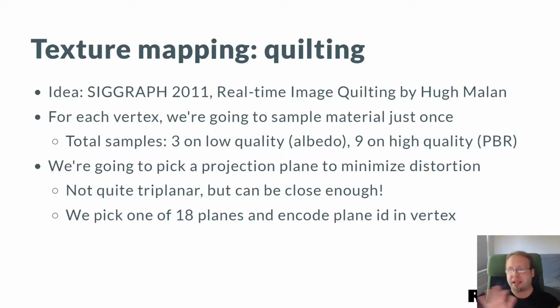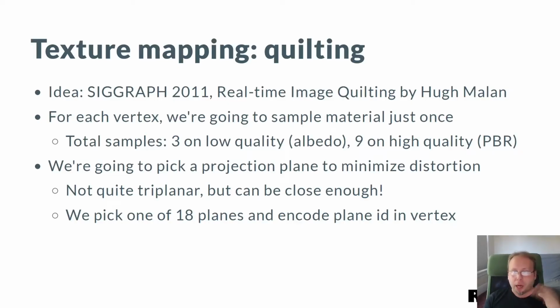Then you overlay many different patches like this, and in combination these end up defining your visuals. So for each vertex we're only going to do one texture sample. This means that for a triangle, we do 3 in total if you only care about albedo, and 9 if we also care about normal and roughness.